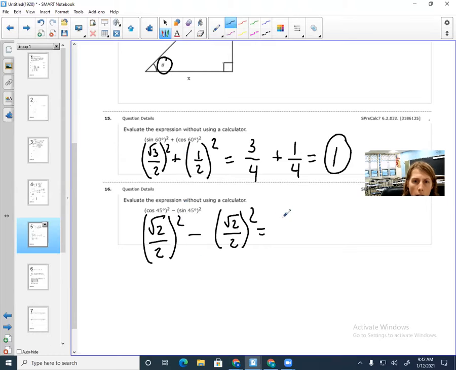Square root of 2 squared is 2. 2 squared is 4. I get the same thing over here. And so a half minus a half is 0.